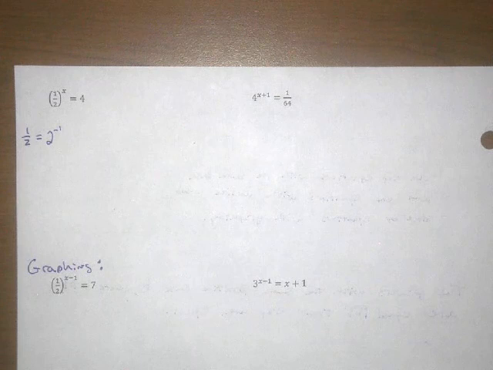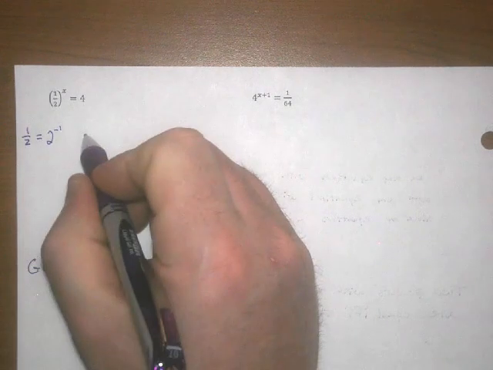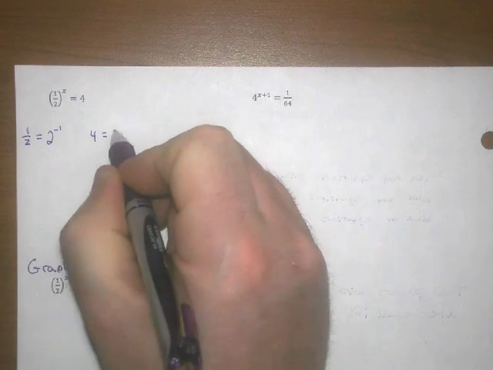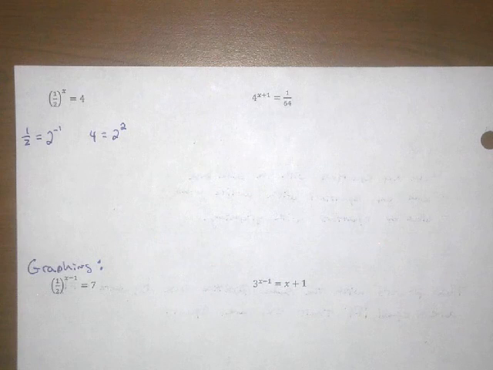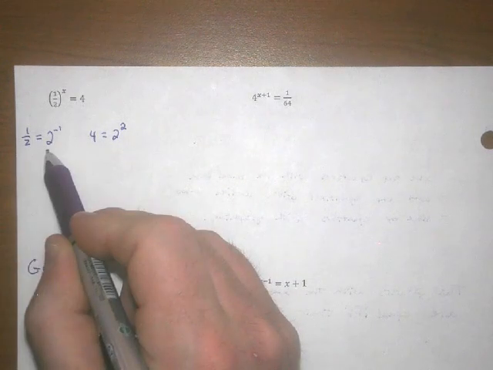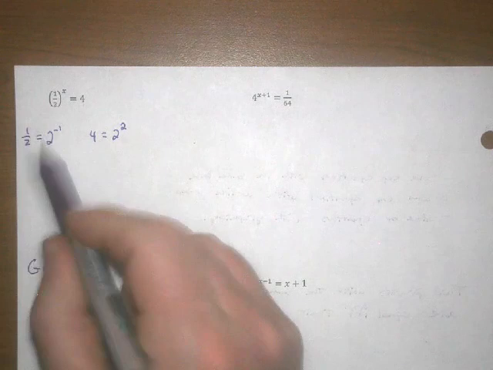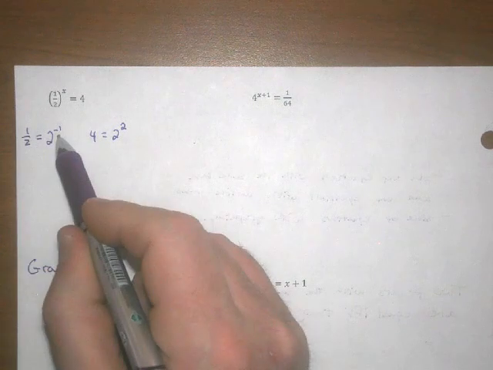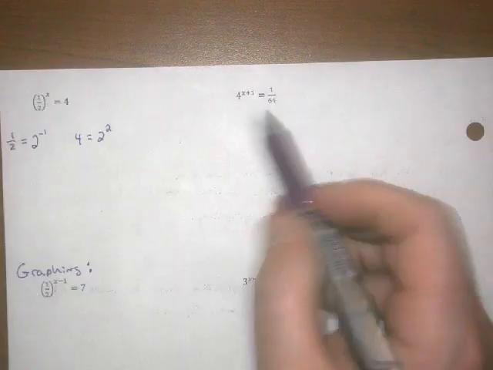So when I change that back, I notice I have a base of 2. Well, that's good because 4, I can also change that into a base of 2 as well, because 4 is the same as 2 to the 2nd power. And then I would have both my bases be exactly the same.